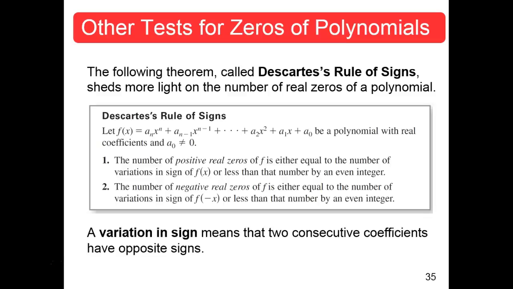Okay? But Descartes' rule of signs sheds more light on the number of real zeros of a polynomial. Really now, we're putting tools in our belt to figure out how to determine those zeros. And here's what Descartes' rule of signs says. Here's your f of x. a sub n is the leading coefficient. a sub n times x to the n. a sub n minus 1 times x to the n minus 1.